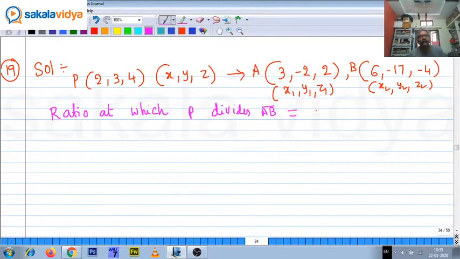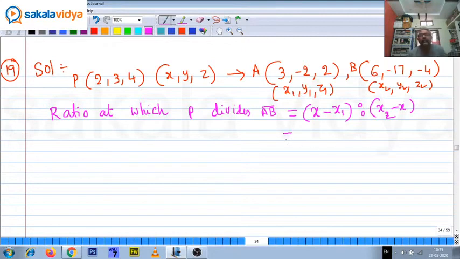What is the formula we have? x minus x1 is to x2 minus x, or we can write y minus y1 is to y2 minus y also, or you can write z minus z1 is to z2 minus z.